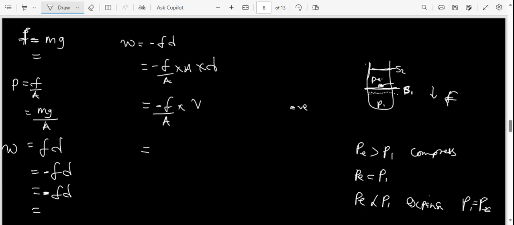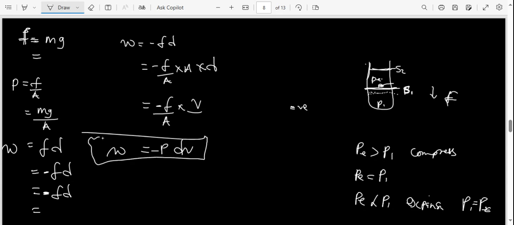Then force over area we know is pressure. So negative pressure times change in volume, so we'll call it dV. Hope that is clear. Therefore work is equal to negative pressure times change in volume. Hope that is clear.